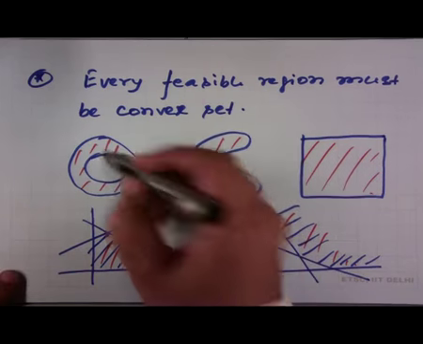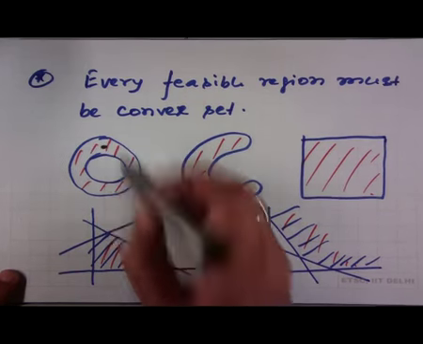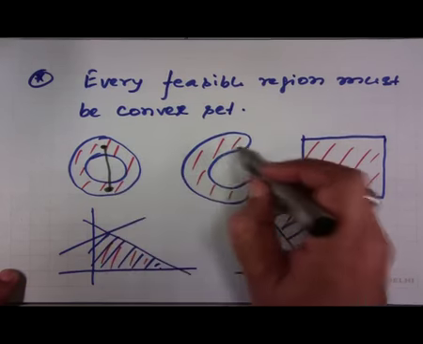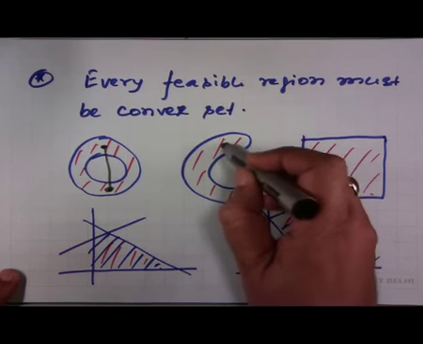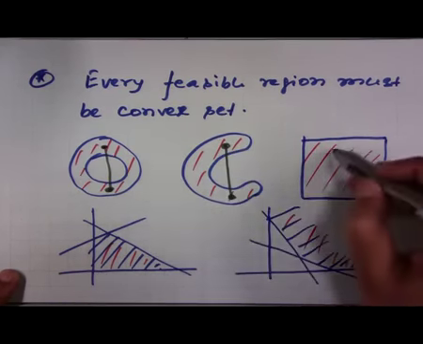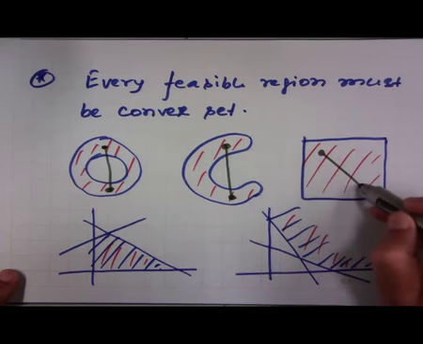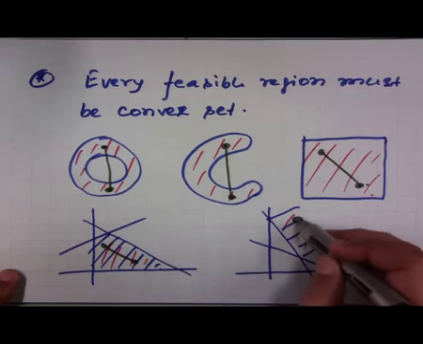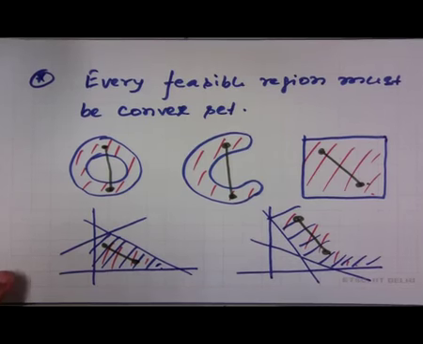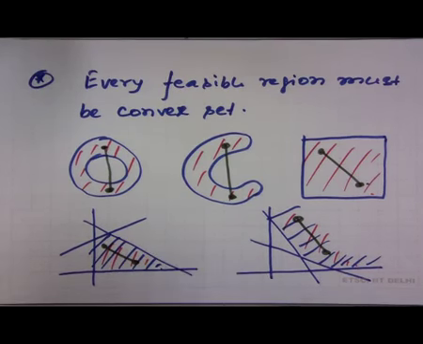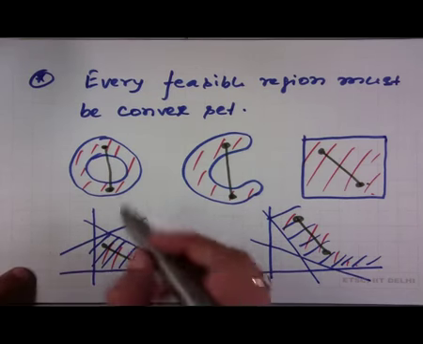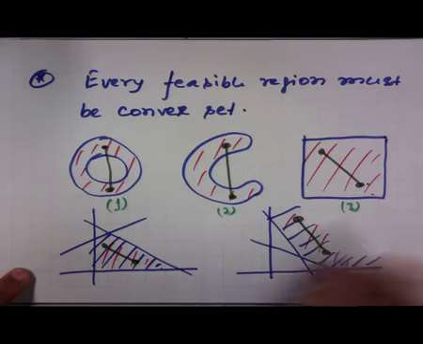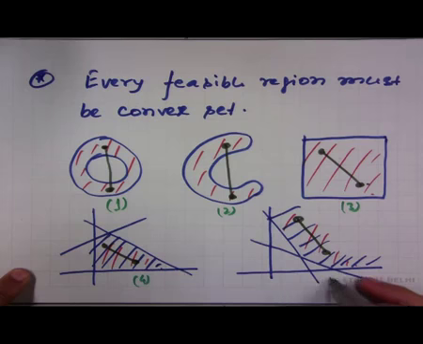Let us consider 2 points, say one point is here and one point is here. Join these 2 points. Again one point here and one here, join these 2 points. Take any 2 points in the region. This is figure 1, figure 2, figure 3, figure 4, figure 5.